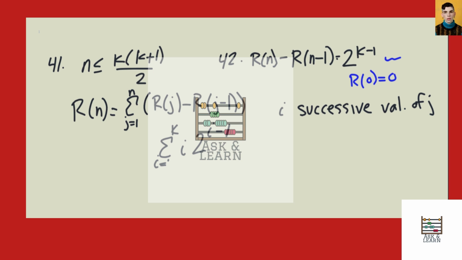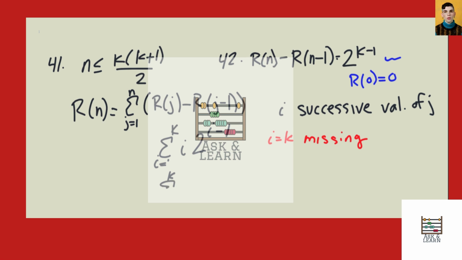Now, the problem is that if n is not a triangular number, then the last few values, where i is equal to k, would be missing. So we need to add those on. Okay, and so to add those numbers in, we add this last little term here, right?